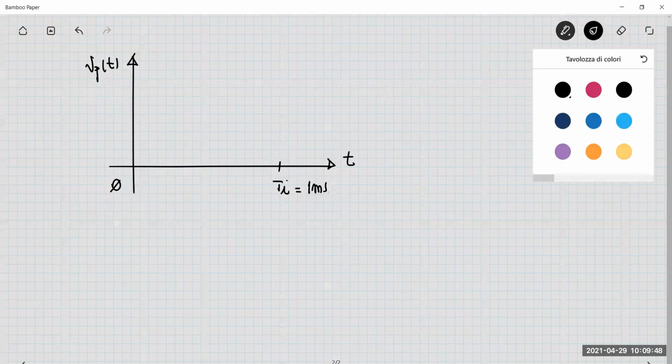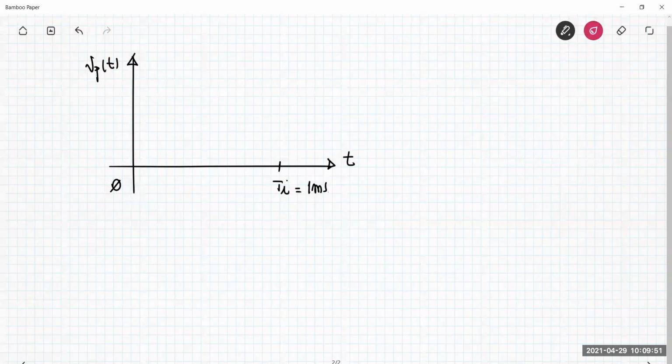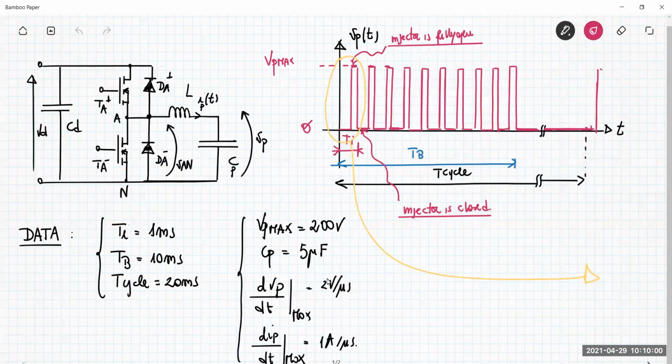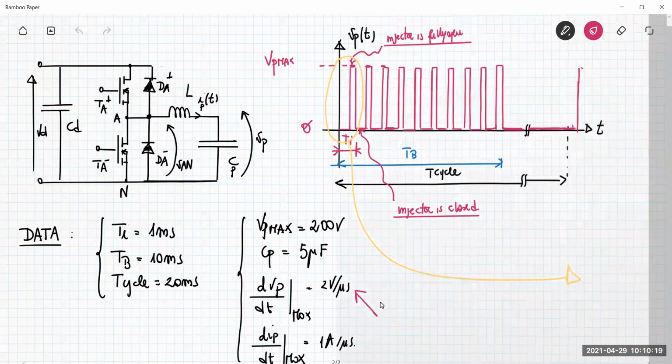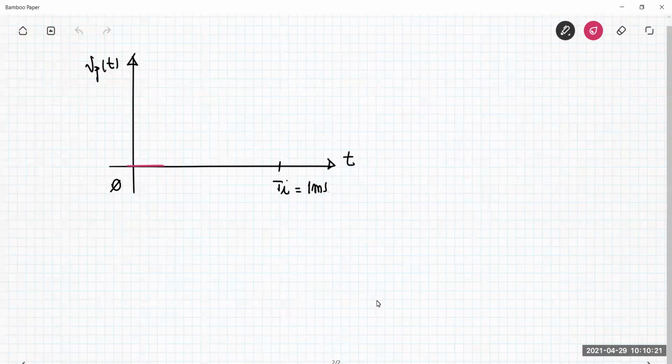Now zoom in on this waveform. The waveform has not steep edges, because remember that we cannot accelerate too much the elongation, the deformation of the piezo materials, to avoid mechanical damage. In particular, we have this data here that limits the maximum time rate of change of this voltage Vp. So we have something like this.